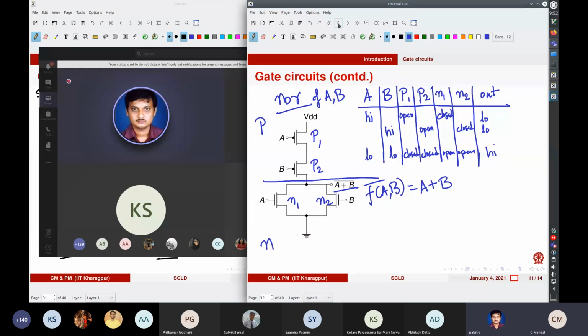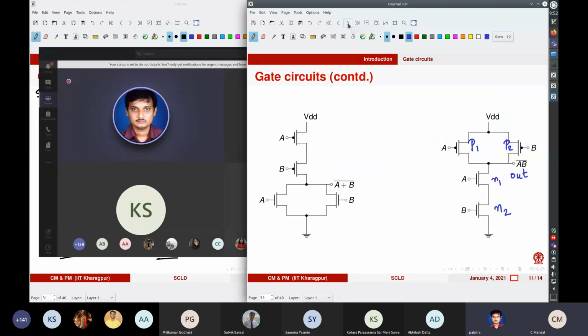These inputs can be low or high, and these gates P1, P2, N1, N2 can be open or closed. Yeah, somebody has posted. Okay.